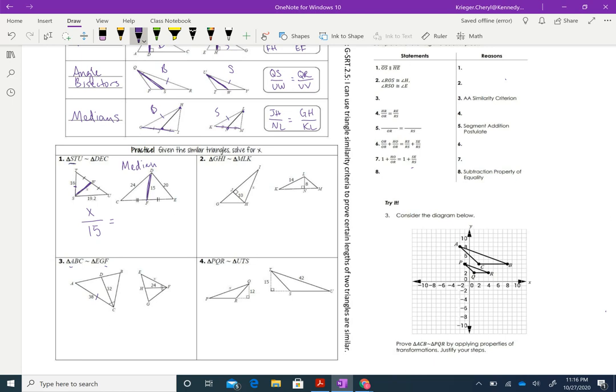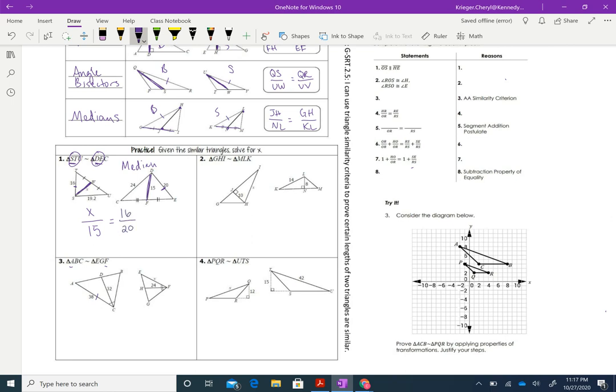That's ST, the first two letters in my triangle statement. So that is proportional to DE. Always check your statement: the first two letters, first two letters. So I'll say x over 15 equals 16 over 20.